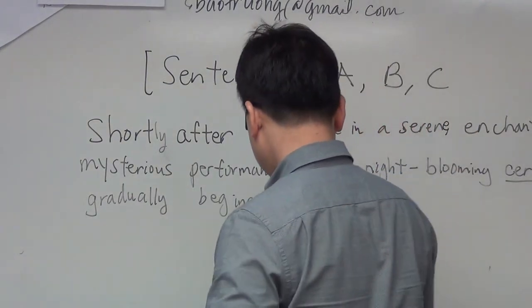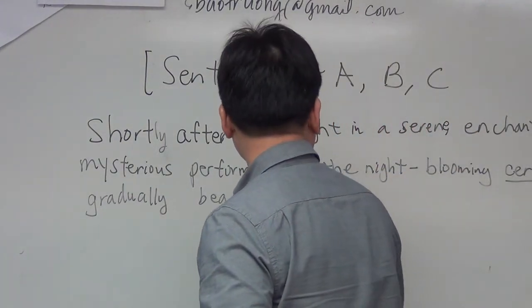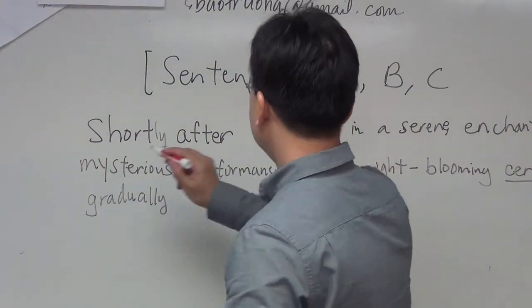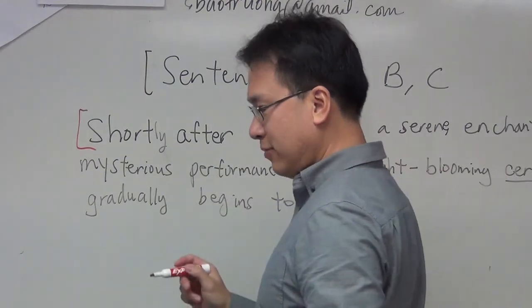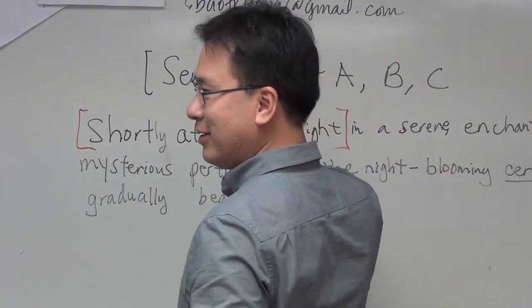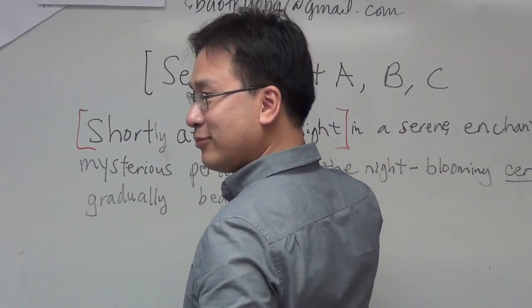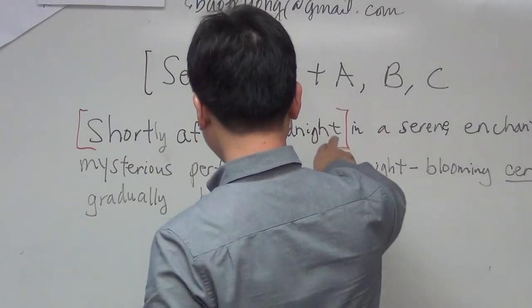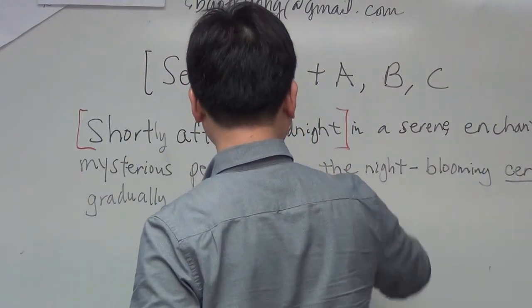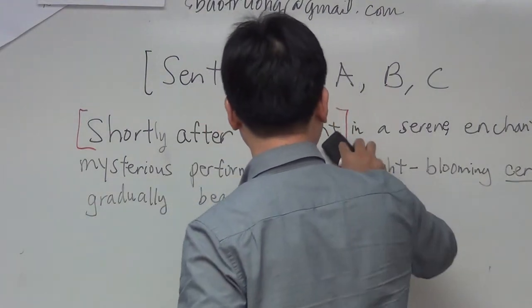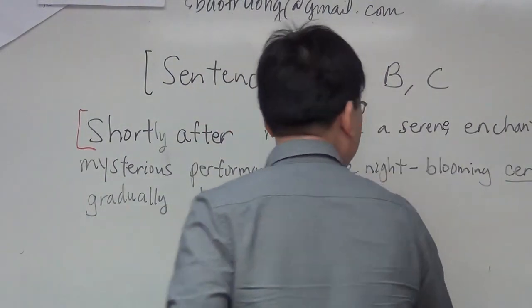Okay, I want to put this down. Okay, Rachel, shortly after midnight. This is very simple, right? But how do we make it a little less simple? We just add some preposition phrases, right?